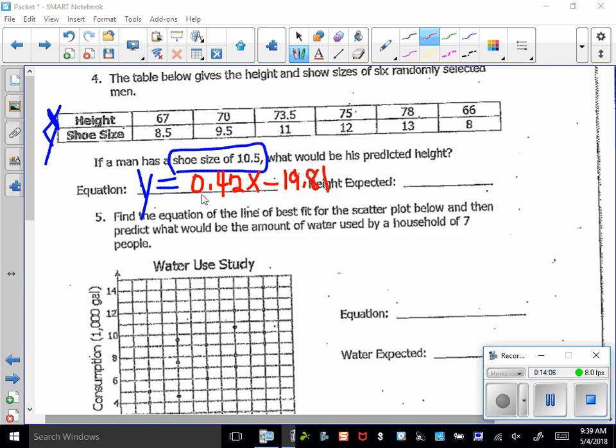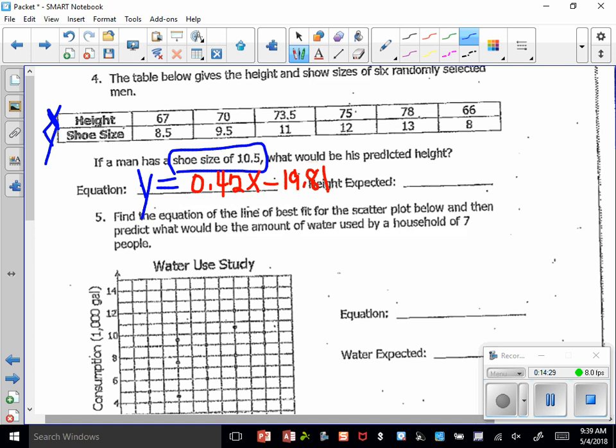Wonderful. All right, so here's our equation. The question says if a man has a shoe size of 10.5, what would be his predicted height? So now we're looking for X. We're not looking for Y. So we can't just punch it in the calculator this time. Actually, we're going to write the equation down.